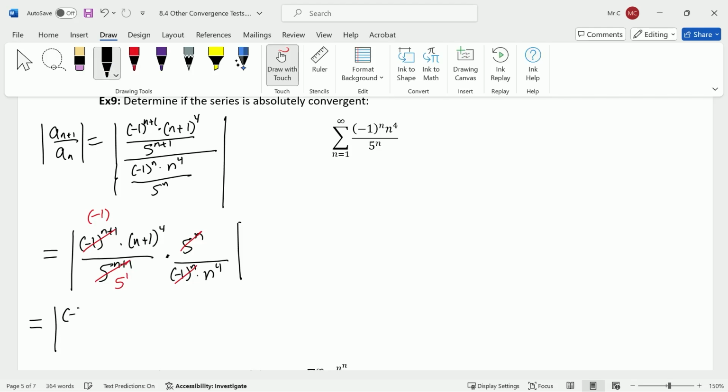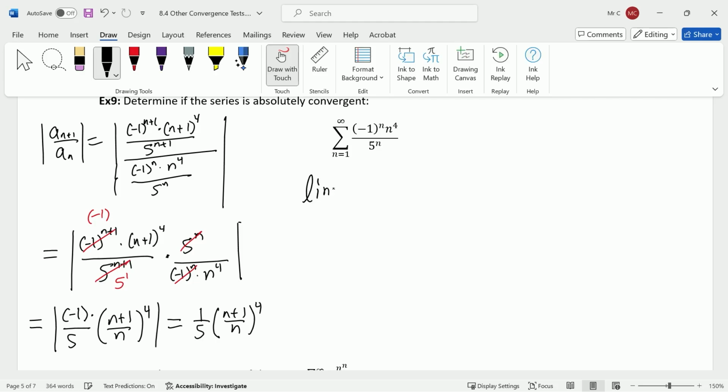So this is negative 1 over 5 times n plus 1 to the 4th divided by n to the 4th, which can be written as n plus 1 over n all to the 4th. Now if I take my absolute value, the absolute value of negative 1 is 1, so I get 1/5 times n plus 1 over n to the 4th.